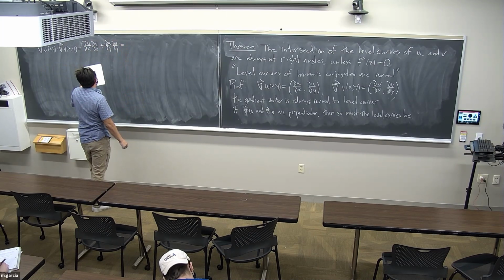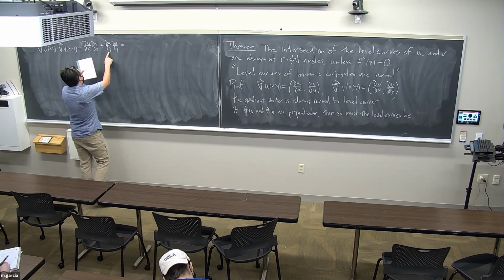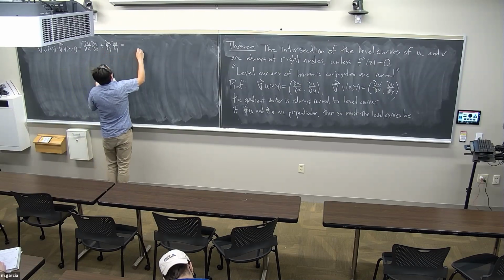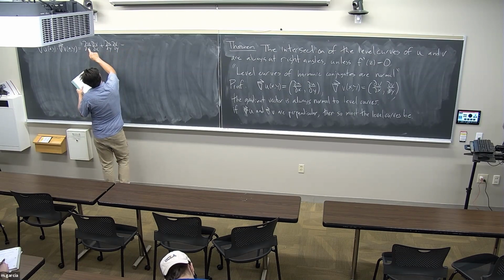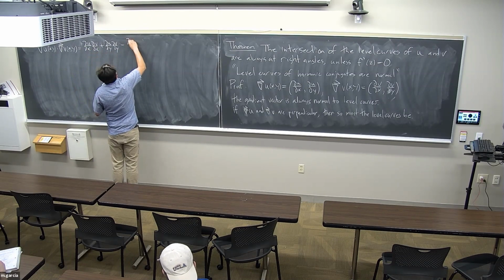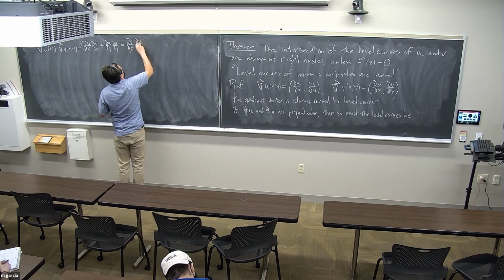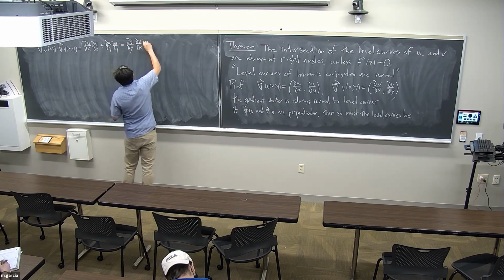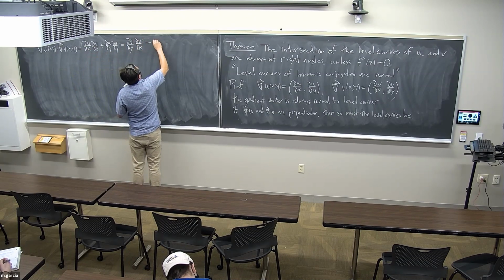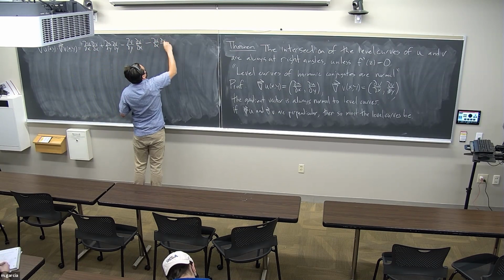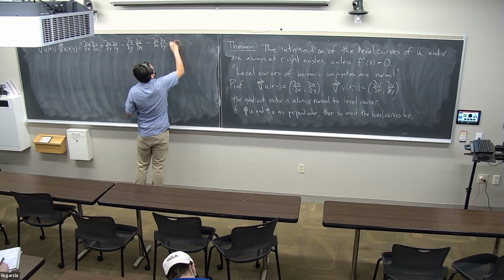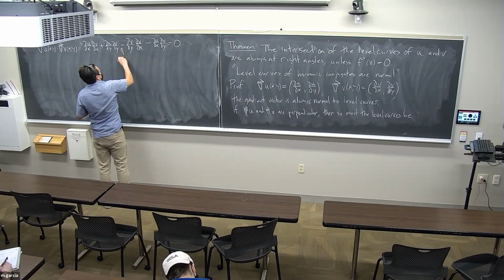For example, I'll put negative dv dx in for du dy and dv dy in for du dx, right? Dv dy dv dx minus dv dx dv dy. Find the CR equations.